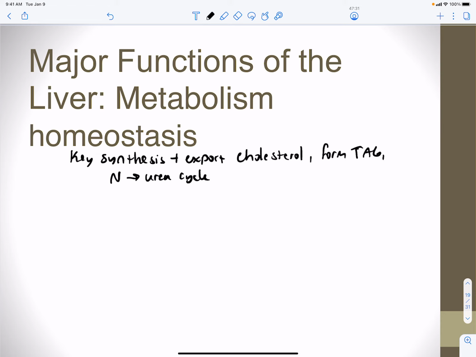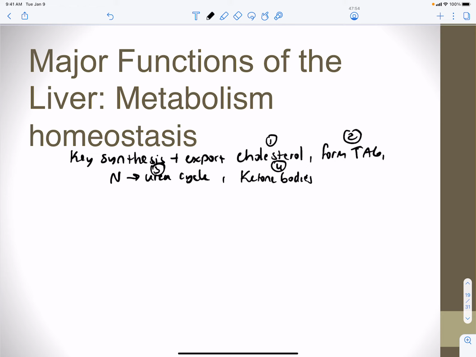You are going to have ketone bodies made. And keep in mind the liver can make ketone bodies, but it cannot use ketone bodies.